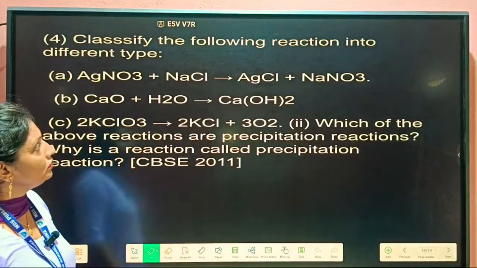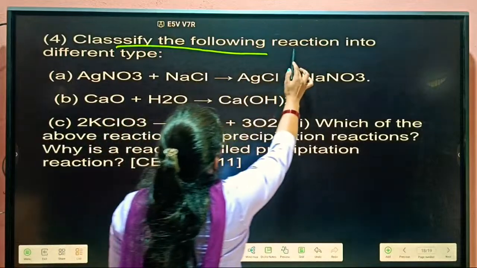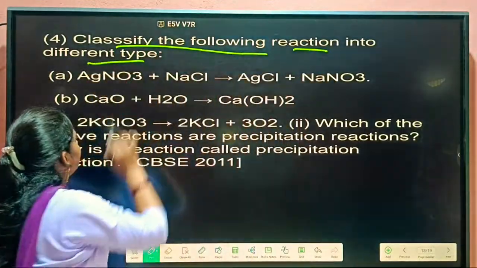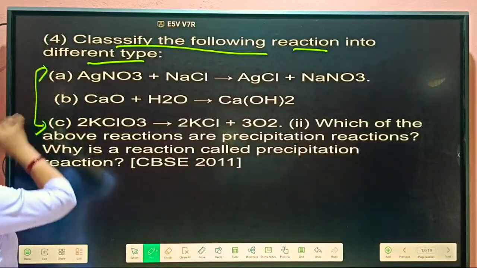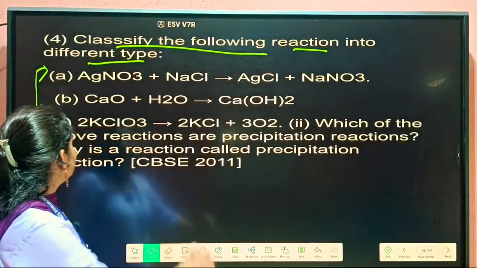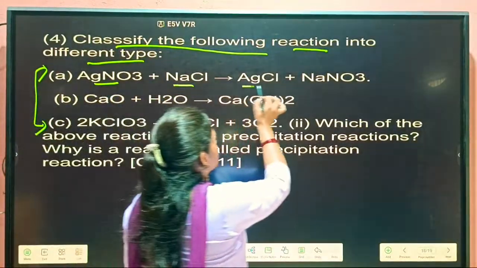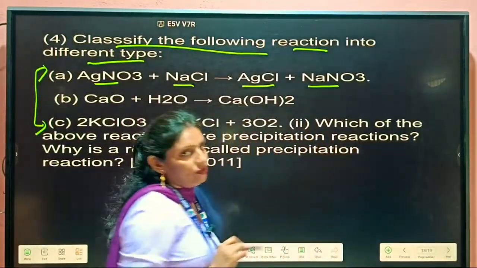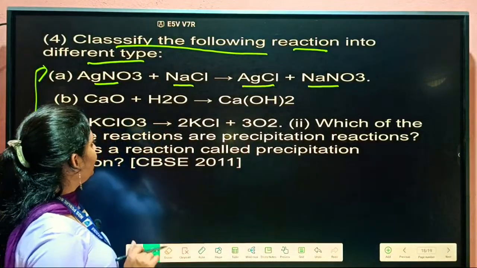Now move to question number 4. Classify the following reactions into the different types. Students, here some reactions are given to us. Identify which type of reaction it is. First one, AgNO3 plus NaCl gives us AgCl plus NaNO3. Students, I hope you can identify this one.